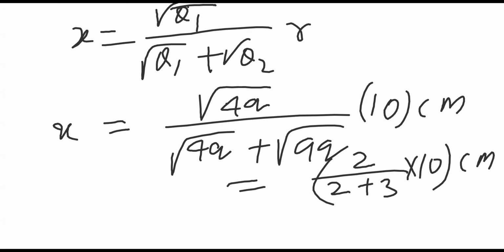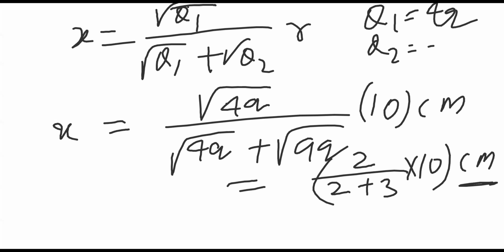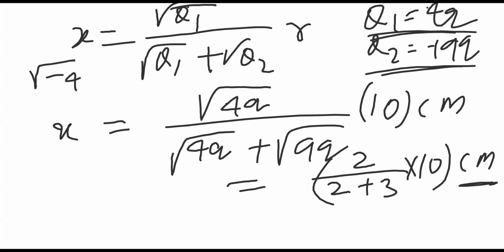You see, if they have given meter in the answer, then you can write in meter, but I am writing in centimeter. You can write in meter, no issues. So here Q1 is what? Q1 is 4Q. Q2 is what? Plus 9Q, plus 9Q. Because why I am telling, whenever you take the same sign, always you do it. Suppose minus 4Q is there and minus 9Q is there, then that time you don't do it, it is an imaginary number.